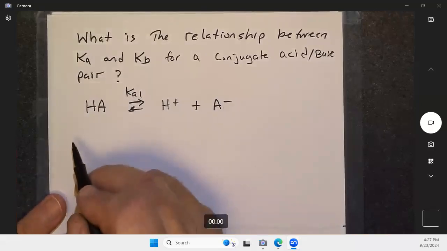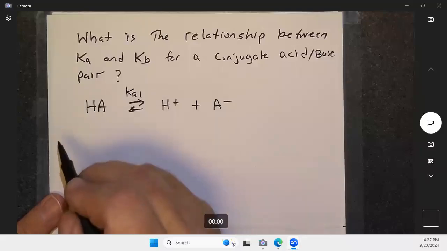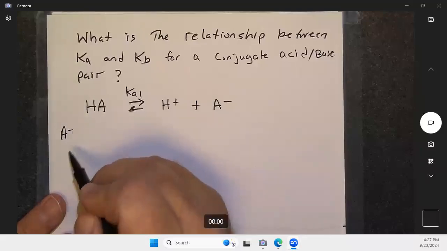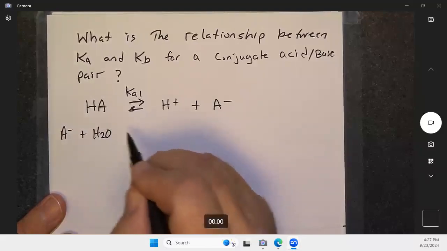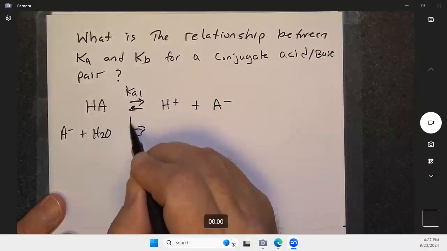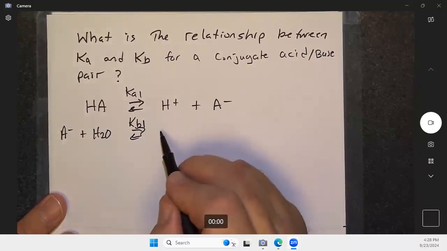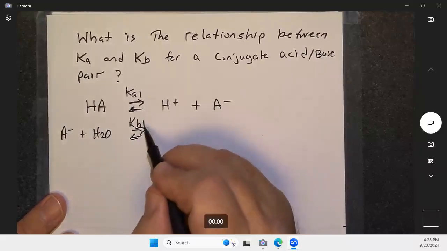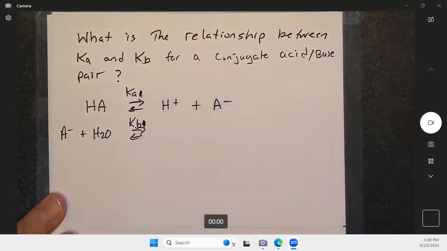And now let's take A minus. Let's have it react with water through its Kb1 reaction. In this case I could leave off the ones, since it's a monoprotic acid, so I shouldn't have put the subscript one.